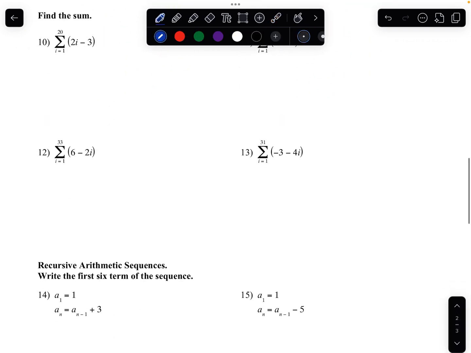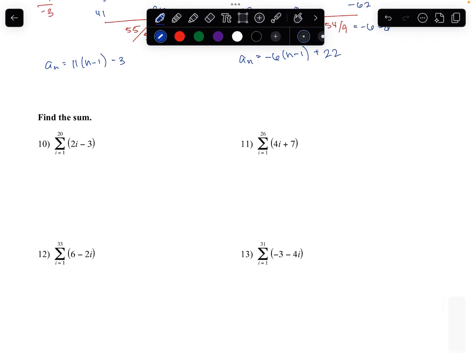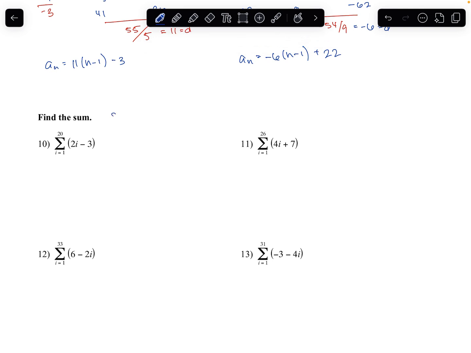For these ones right here, find the sum. So find the sum of this series. There's a formula that we use whenever we're trying to find the series of an arithmetic sequence. We use S sub n.